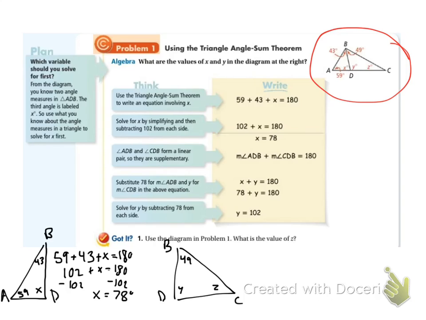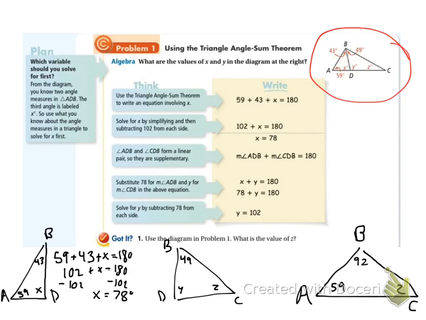But if I look at this whole triangle, A, B, C, C is Z, A is 59. And the two angles that make up B are 43 and 49. 43 plus 49 gives me 92. So I know this is 92.